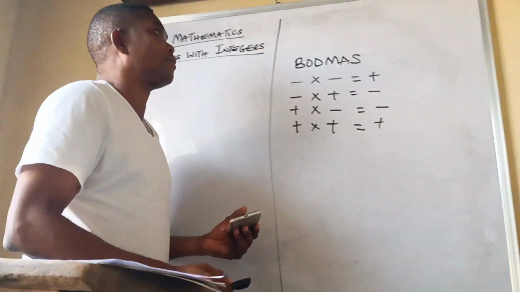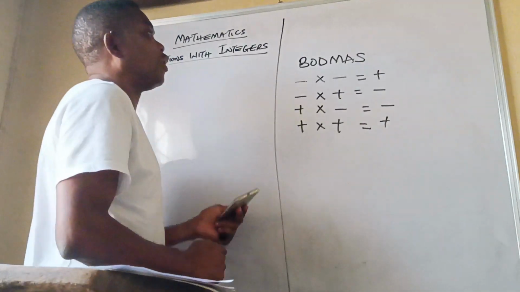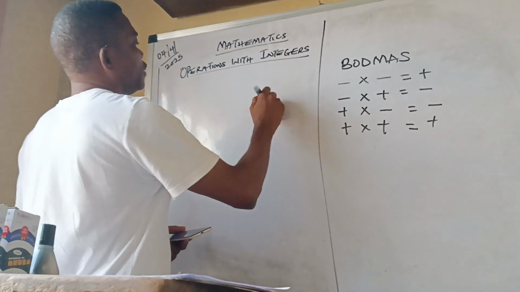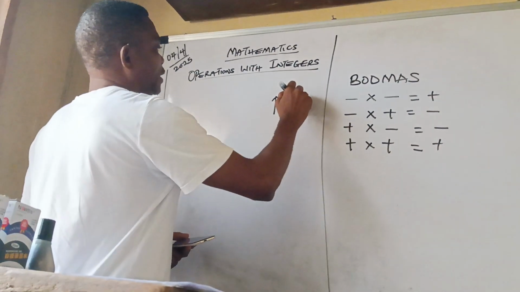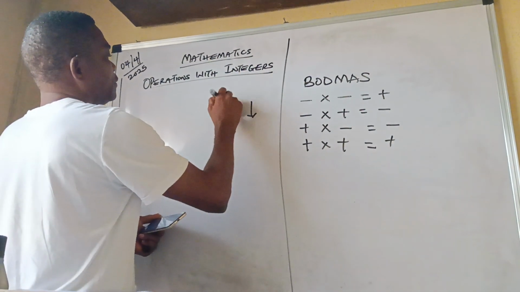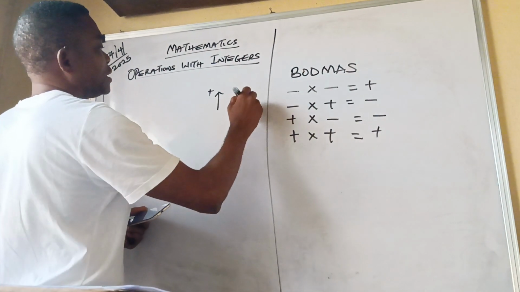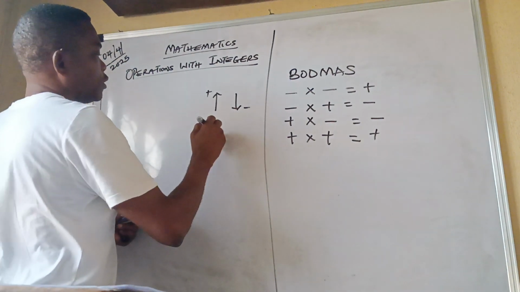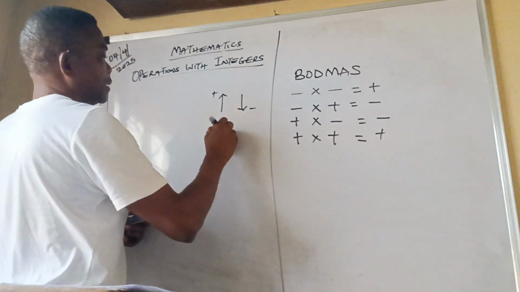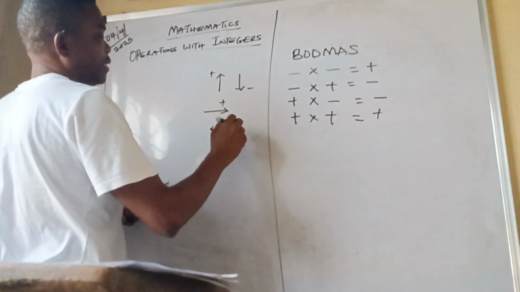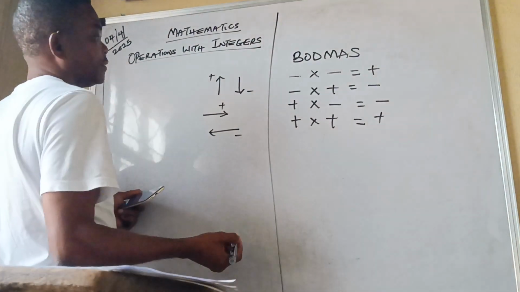So when you talk of an object moving up or down, moving up represents positive, moving down represents negative. It can also be in this format. This one represents positive, this one represents negative.